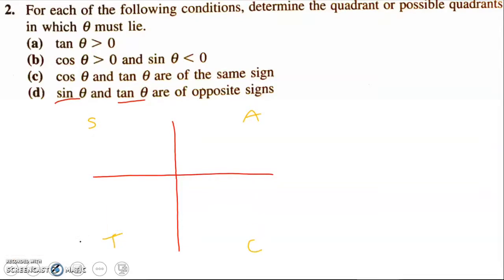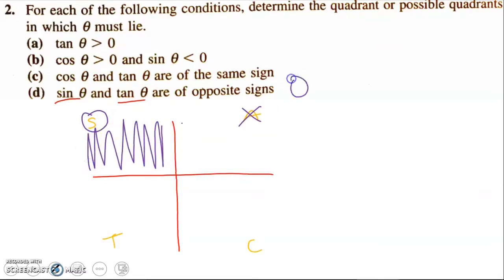Now, sine and tan have opposite signs, so one has to be positive, the other one has to be negative, or vice versa. Well, does that apply to Q1? No, because they're both going to be positive there. Let's look at quadrant 2. Sine's going to be positive there, tan's going to be negative there, so it is Q2 that works out.